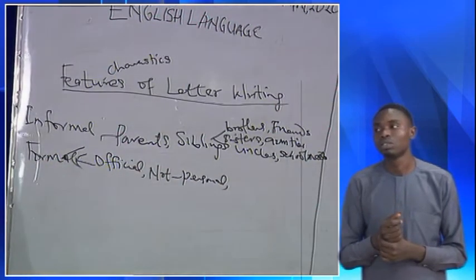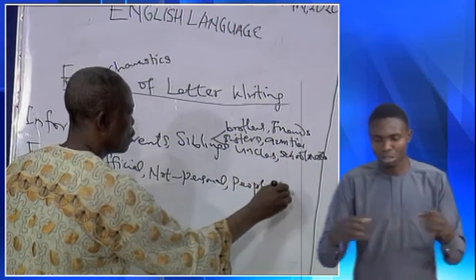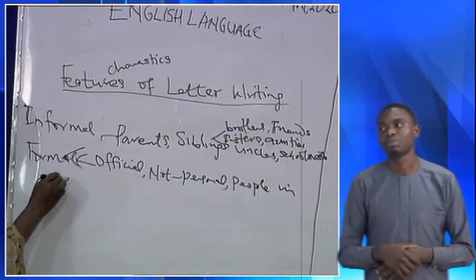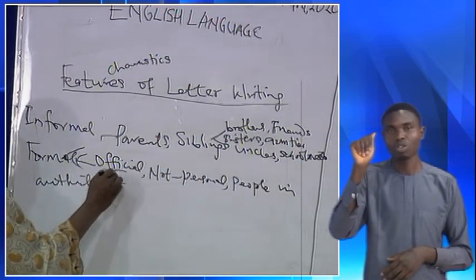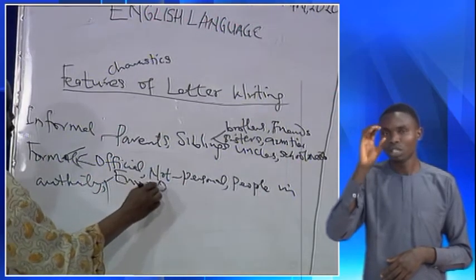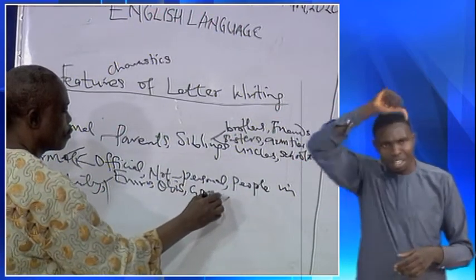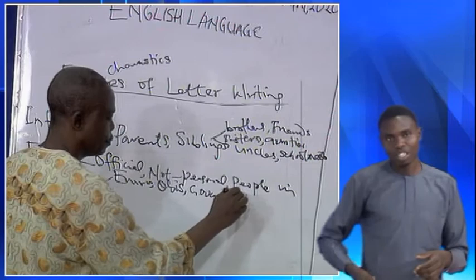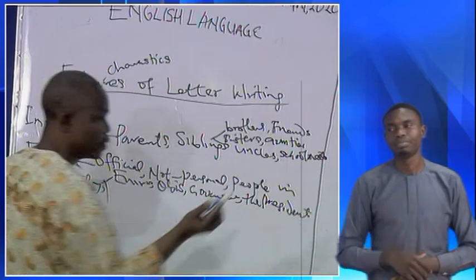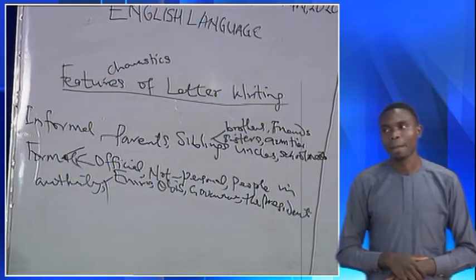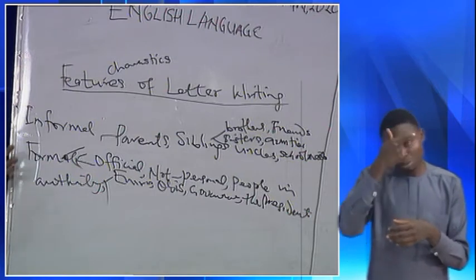These are letters written to people in authority, such as the emirs, obis, governors, the president, and most of them.